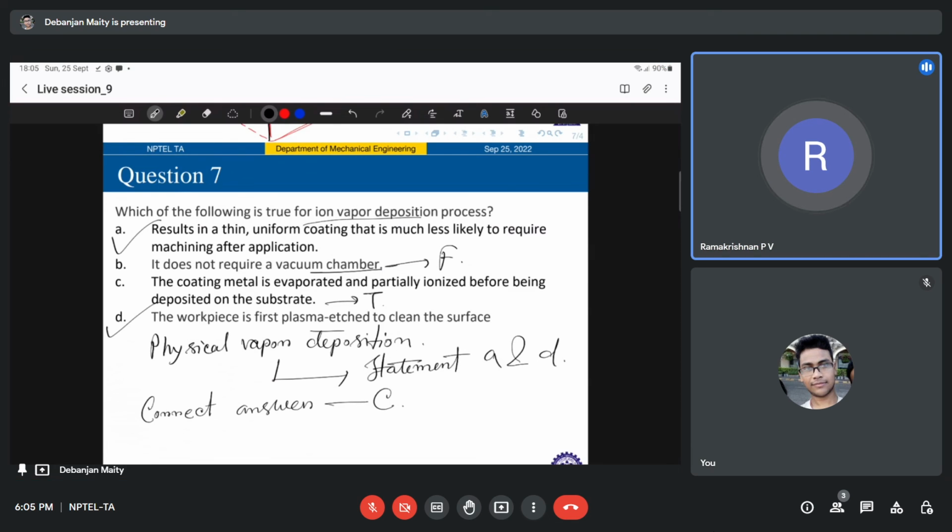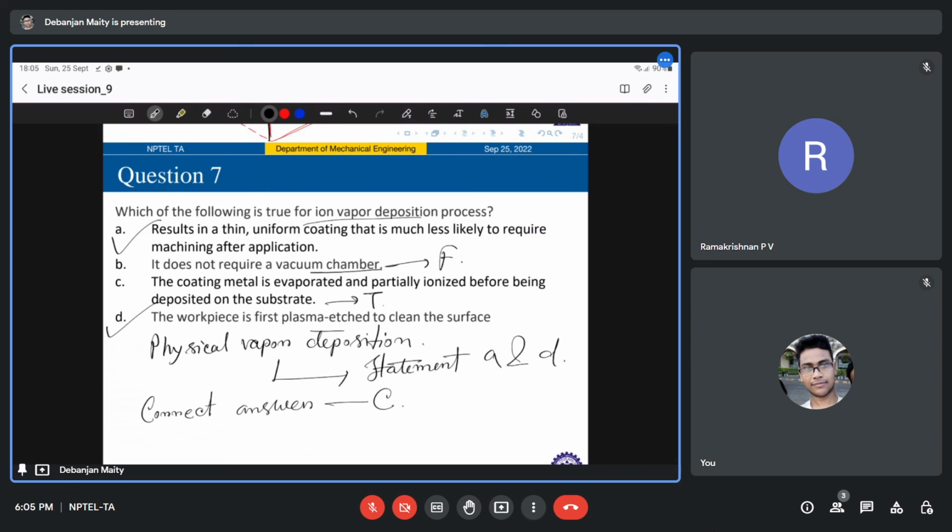In which case do we have to go for IVD versus PVD, sir? Any specific highlight? In this case, I'm not in a correct position to comment on this exactly. But yes, you were right.